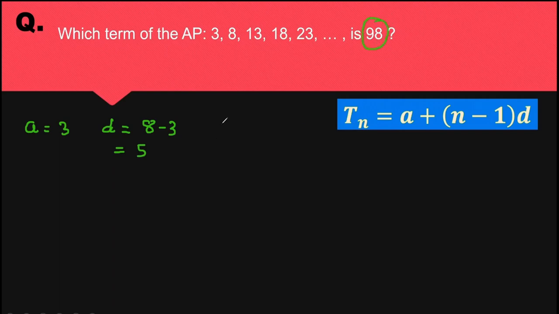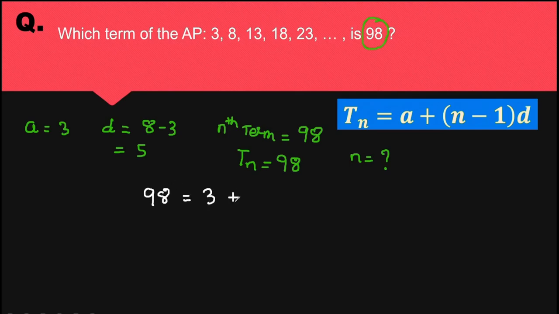So let's say the nth term is 98, we represent Tn equals 98, where we don't know n. So again, we have to find n. Substituting all these values in the formula, Tn, that is 98, equals 3 plus n minus 1 times 5.